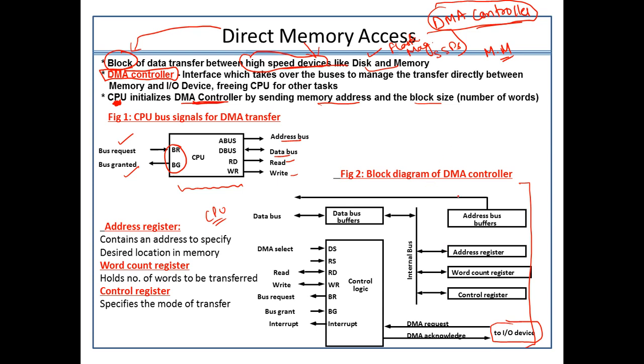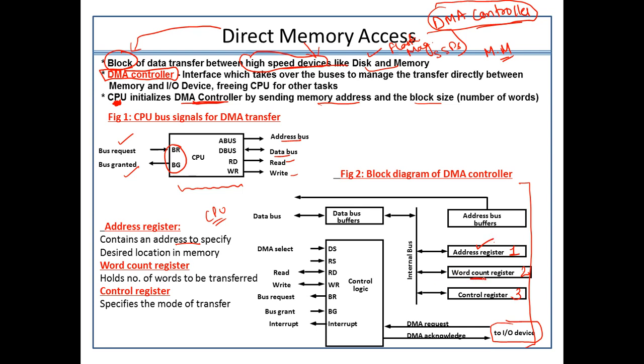So what happens is, there are three registers: the address register, the word count register, and the control register. These are important registers to understand. The address register will hold the start address from where the DMA will start referencing the memory.